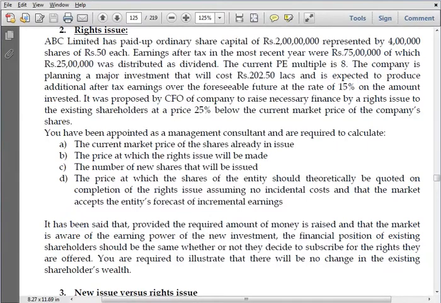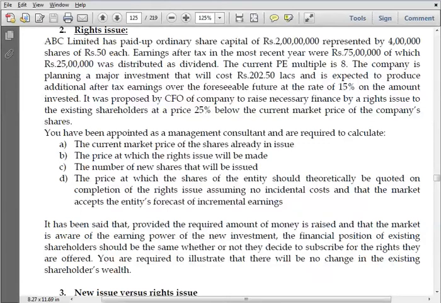Even if you are not increasing your revenues, you will still have to spend money on plant and machinery to modernize and renovate them, and to buy some balancing equipment. So that regular capex may consume the 50 lakhs. That's the assumption. The balance 202.5 lakhs, whatever they are going to raise, will entirely come from the rights issue. Can your interpretation be done? Yes, you write a note on it, but most of the time that's not what the institute has done. Most of the time I'll end up using this interpretation only.